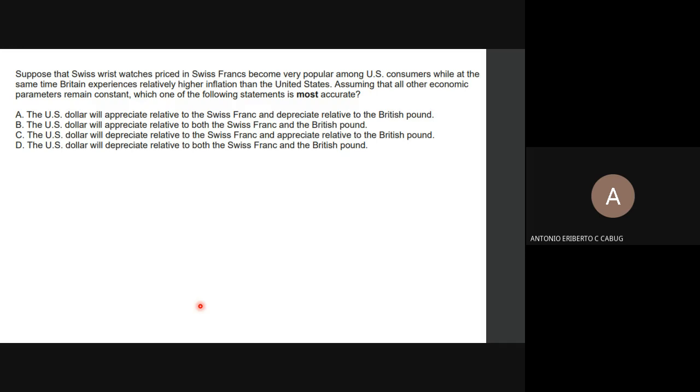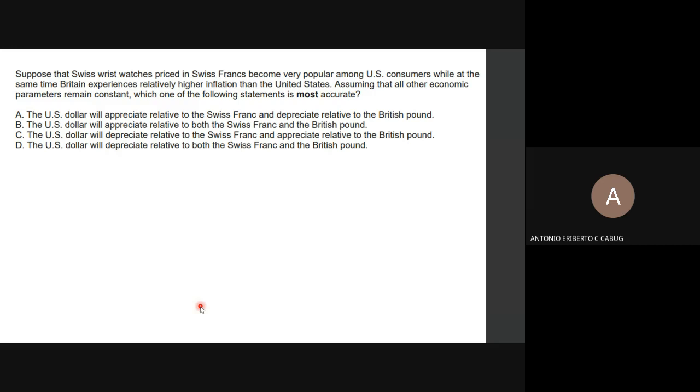Ano ang mangyayari sa US dollar relative to Swiss franc? Of course, because Americans will want to purchase Rolex, no? O kung ano man, Swiss watches, they would need Swiss francs, that will increase the demand for Swiss francs. If the demand for Swiss francs increases, then that will cause an increase as well in the value of Swiss francs relative to the other currency, being the US dollar.